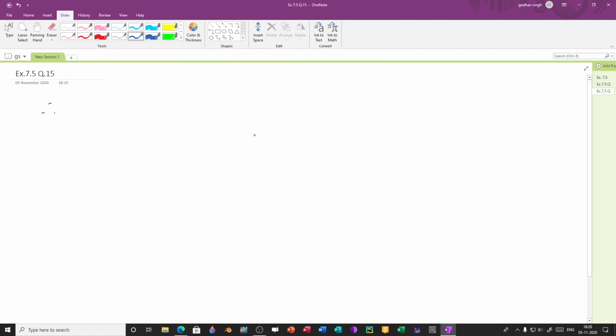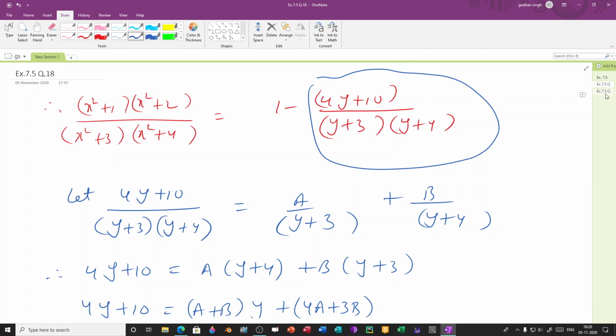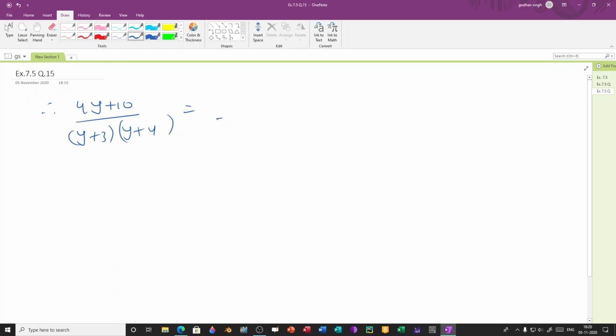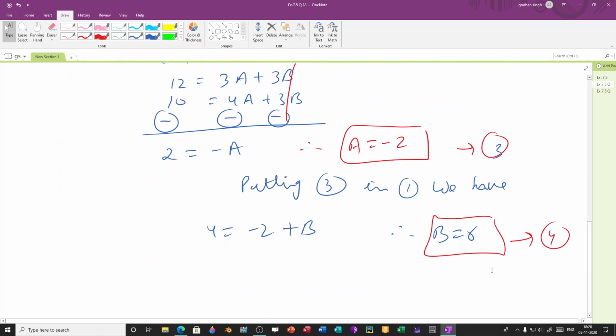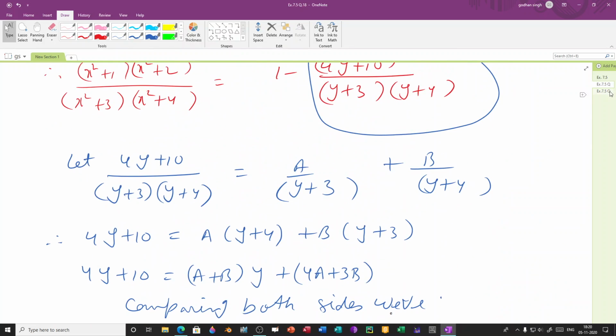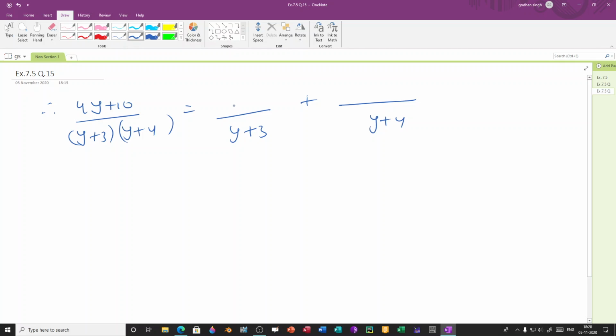Let us see what is the value of a and b. The value of a is minus 2 and the value of b is 6. That is what we'll put here: minus 2 over y plus 3 plus 6 over y plus 4, because the value of a is minus 2 and the value of b is 6.